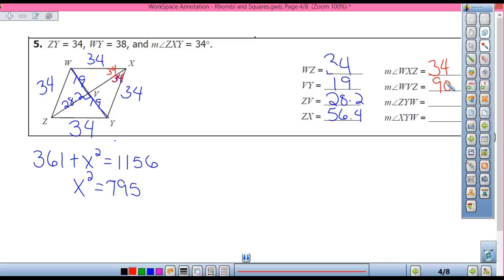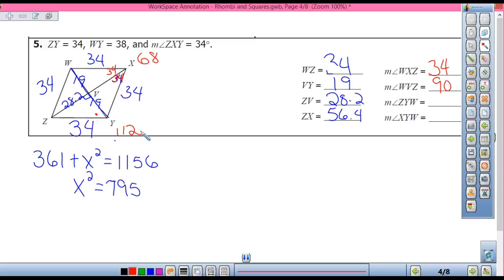So ZYW. This guy now. Okay, what's this whole angle? No, the whole angle. 68. So this whole angle has to be 112. Why? There we go. Consecutive angles are supplementary.